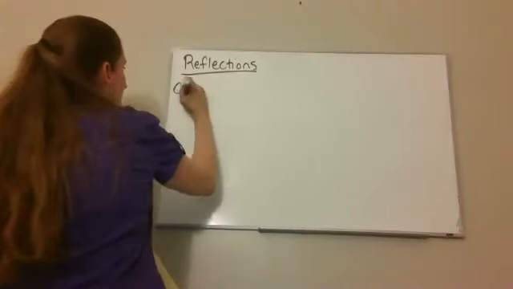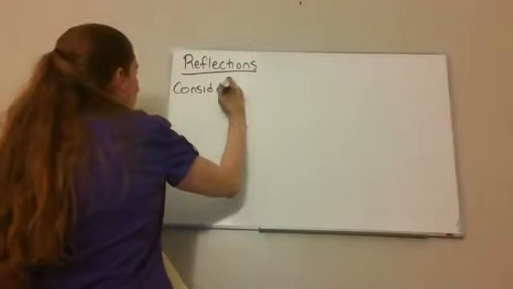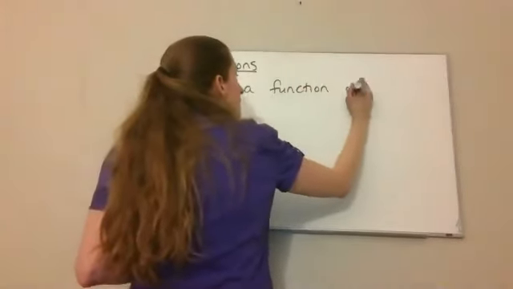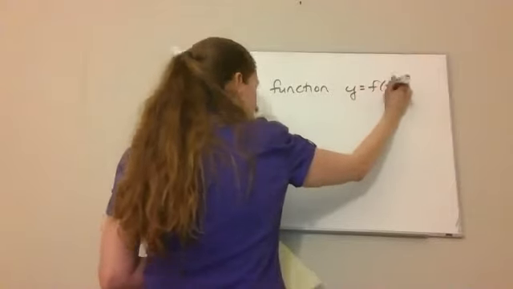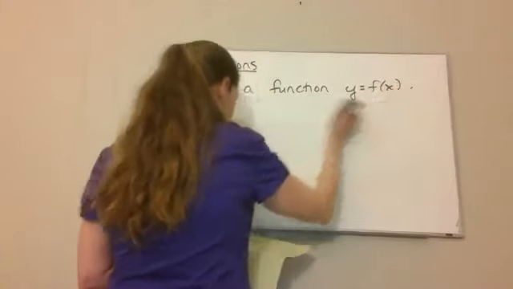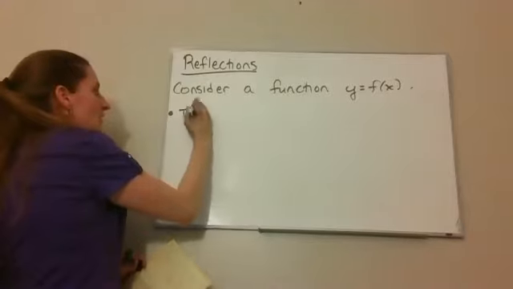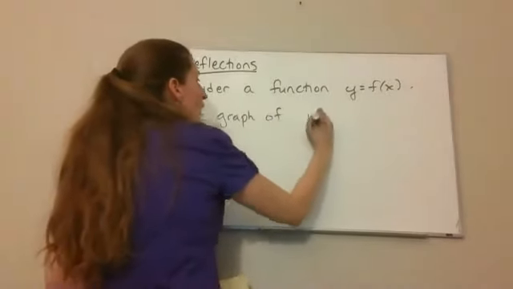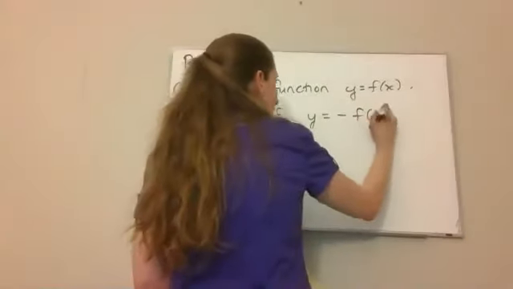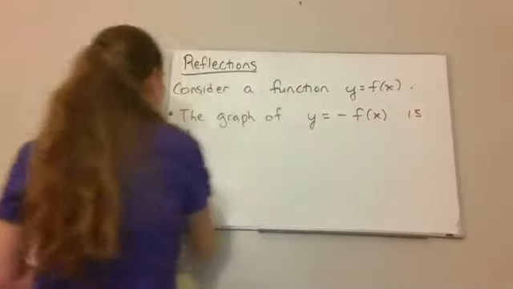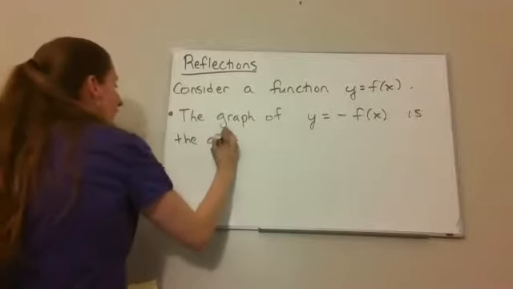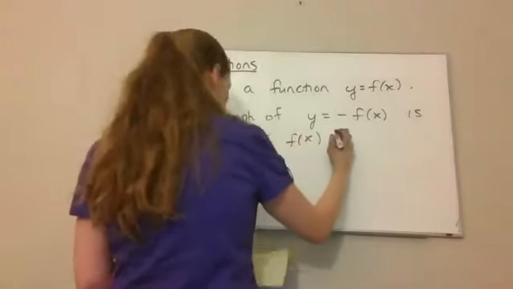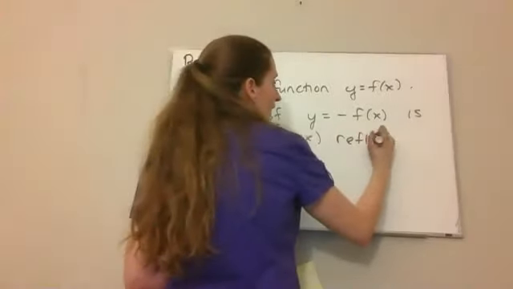So let's consider a function y equals f of x. Then the graph of y equals negative f of x is the graph of f of x reflected across the x-axis.